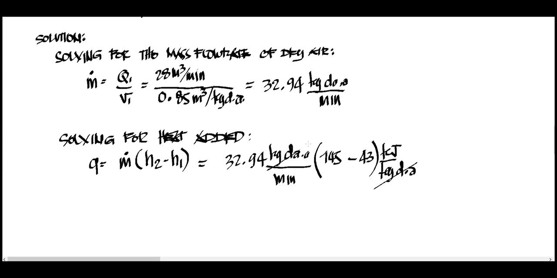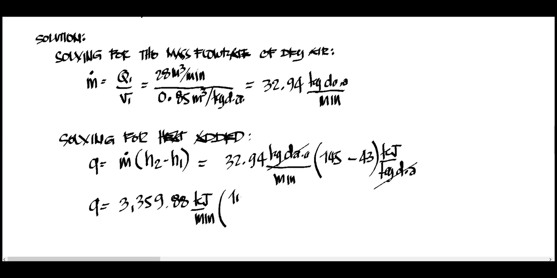So units cancel out, and we have the value of your Q, 3,359.88 kilojoule per minute.